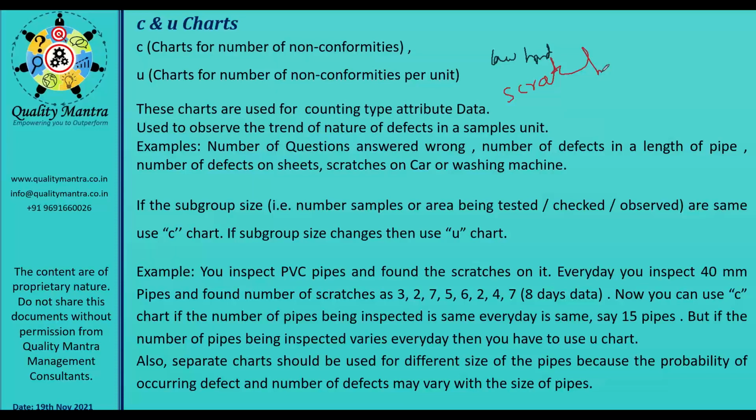You may reject, you may not reject that product, but these defects are there. And if you do not control the defects and one product has many defects, you are definitely going to reject that product. That's why it is very important to track the defect rate also.